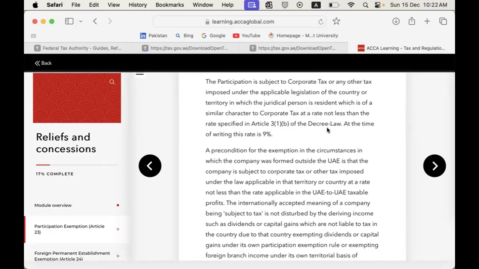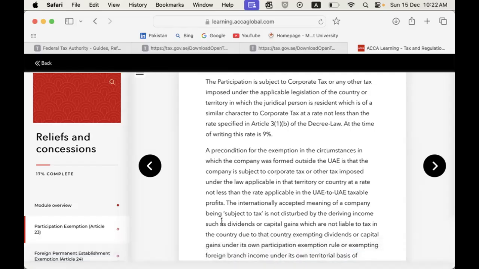So please note that there is an Article 3 in the corporate tax decree, if you remember, which identifies the different regimes. In the decree law, Article 3 1A is the normal tax regime and Article 3 1B is, if I remember correctly, for qualifying.